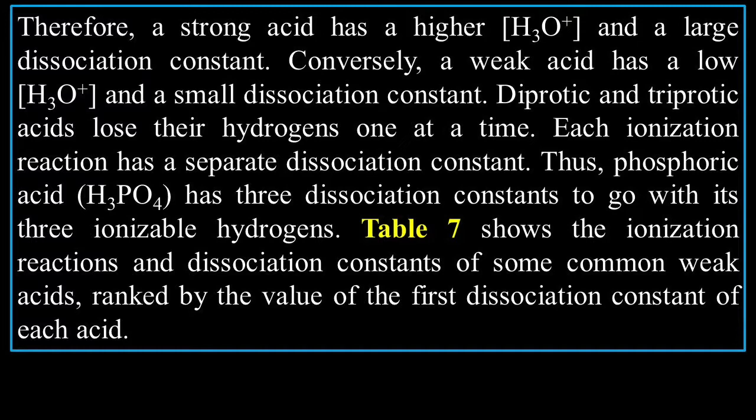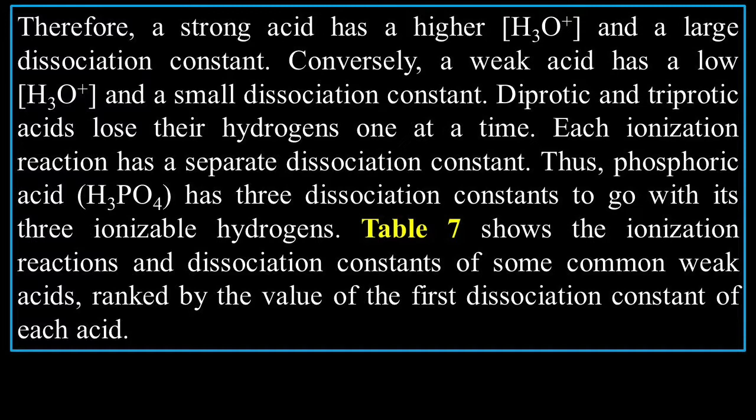Therefore, a strong acid has a higher hydronium ion concentration and a large dissociation constant. Conversely, a weak acid has a low hydrogen ion concentration and a small dissociation constant. Diprotic and triprotic acids lose their hydrogens one at a time. Each ionization reaction has a separate dissociation constant.